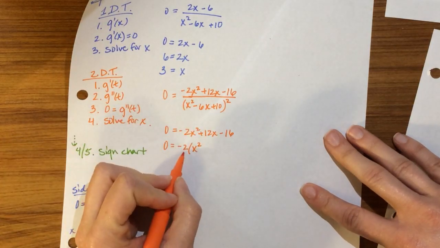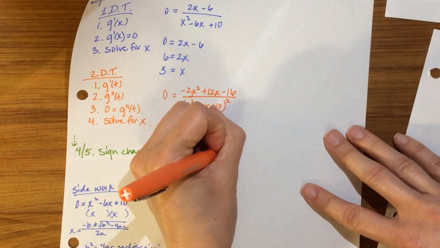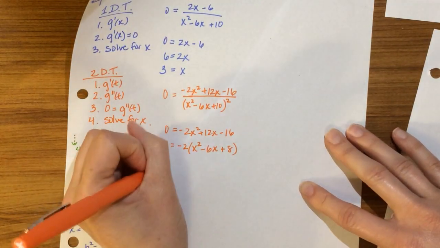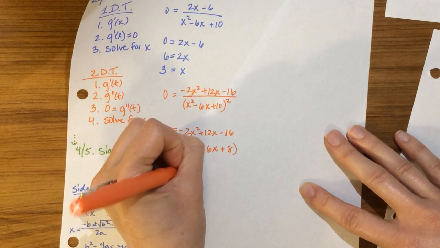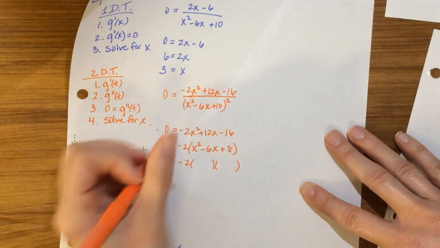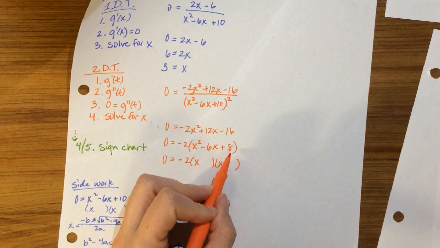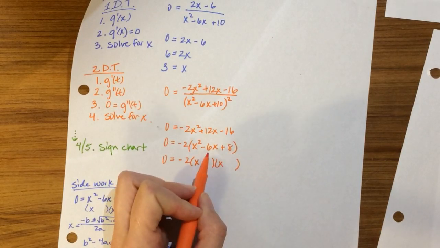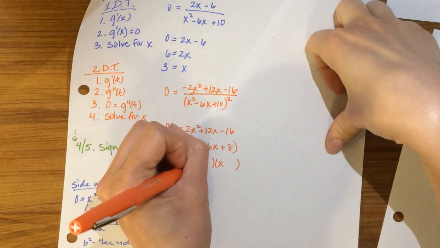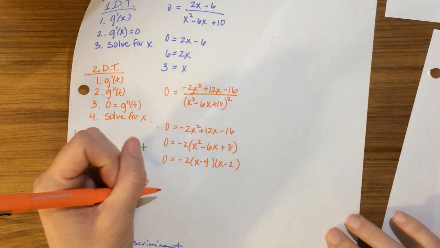So I've got negative 2 times x squared minus 6x plus 8. Perfect. Now we're just going to keep factoring because remember we need to solve for x. So I've got x and x, two numbers that multiply to 8, yet add to negative 6. Let's see, 4 and 2. So that'll be a negative 4 and a negative 2.